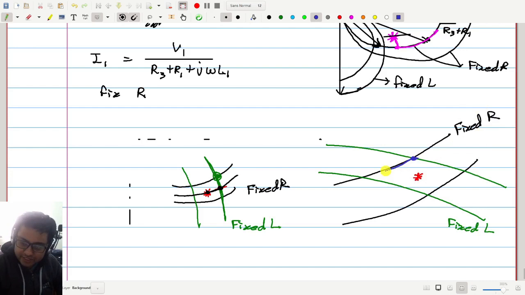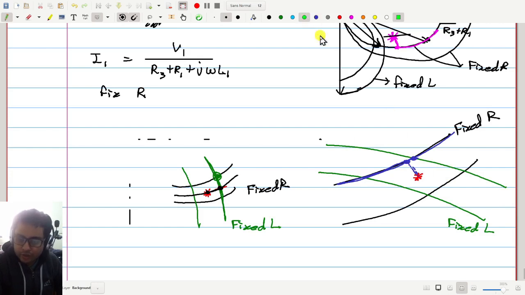So I move on this line. Where will I get minimum deflection? If I draw something like a perpendicular, maybe this is the point where I will get minimum deflection, maybe here. And then after coming to this point, I will now change the resistance.